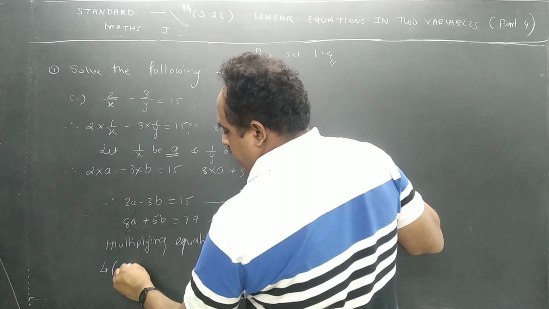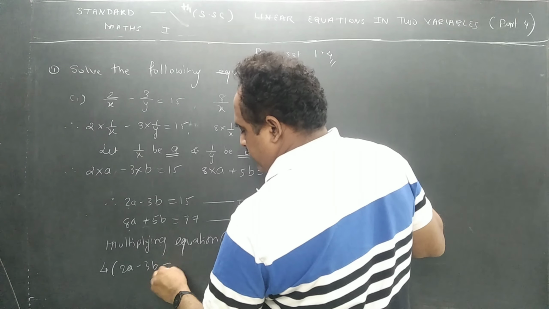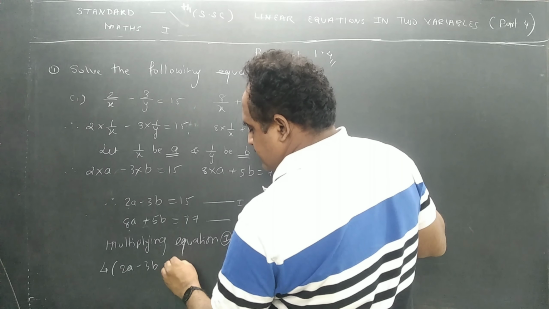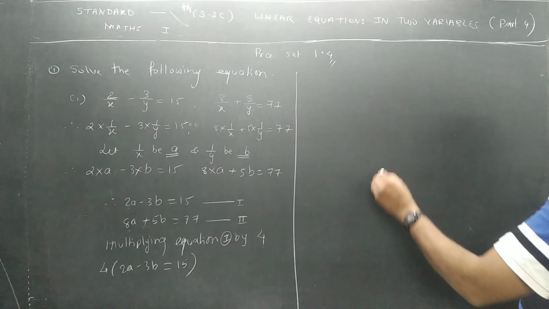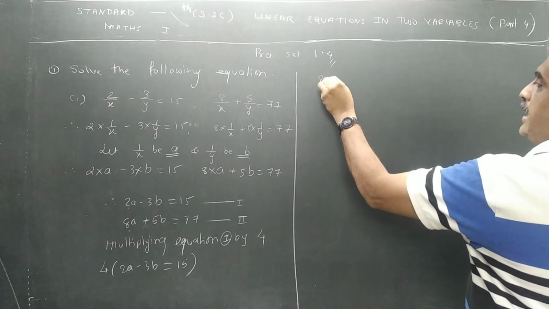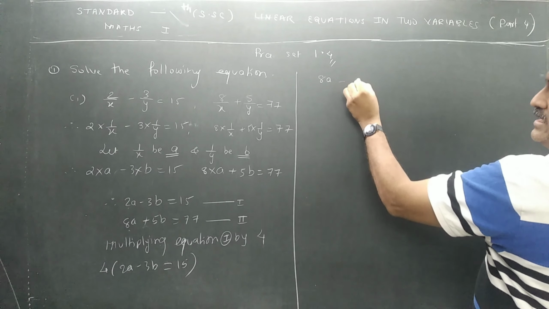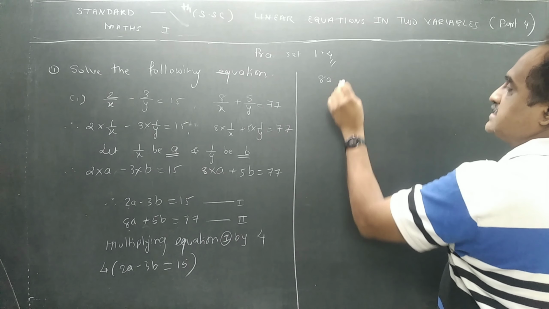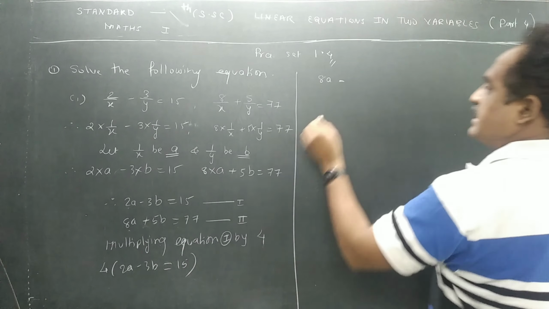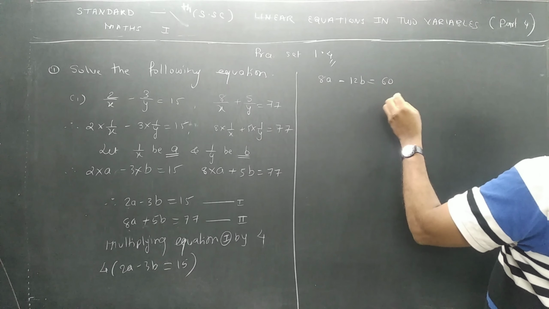So what will happen now? 4 in bracket 2a minus 3b is equal to 15. Close the bracket, and what am I getting then? 8a minus, 4 3s are 12b is equal to 15 fours are 60.